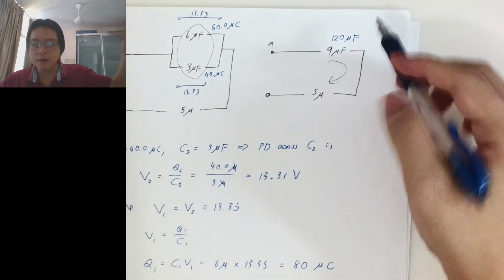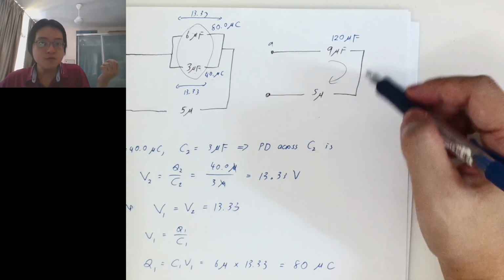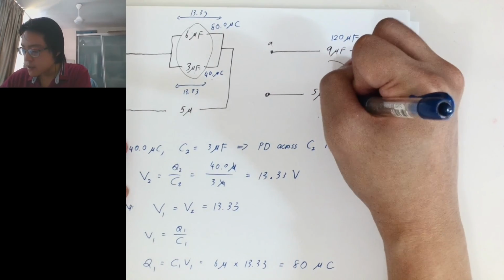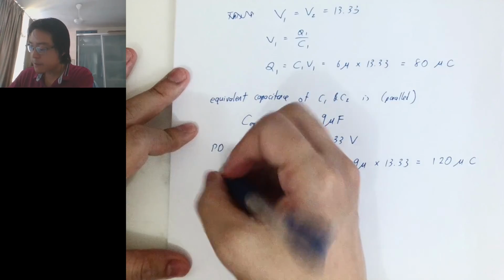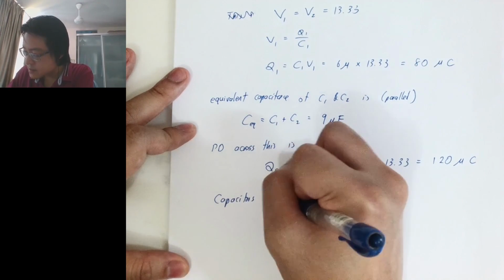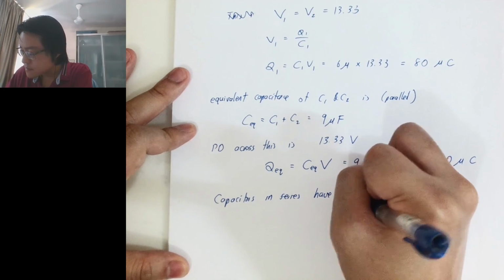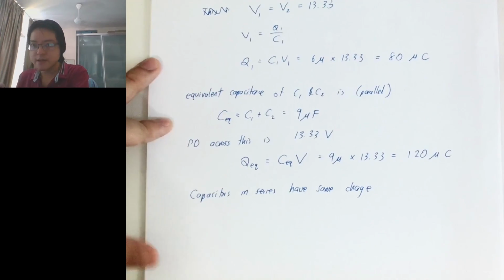Okay, why do I want to find this charge here? I want to find this charge here, but these two capacitors are in series. So this is also going to be 120 microcoulomb, right? The reason is because capacitors in series have the same charge. I mentioned before in the lecture, I drew the picture.